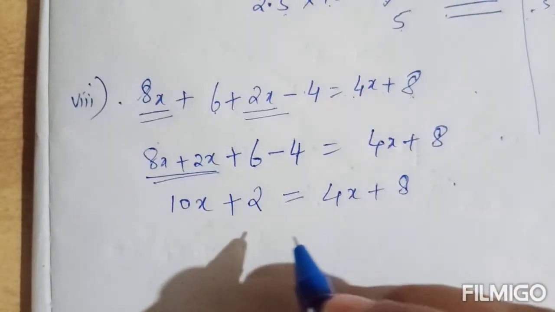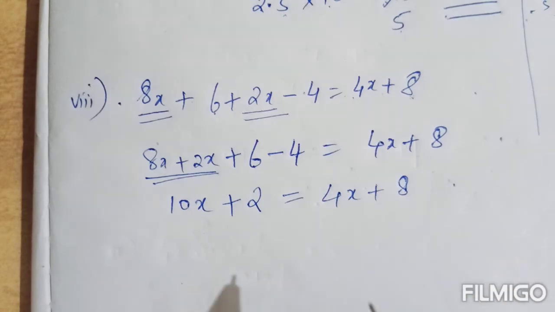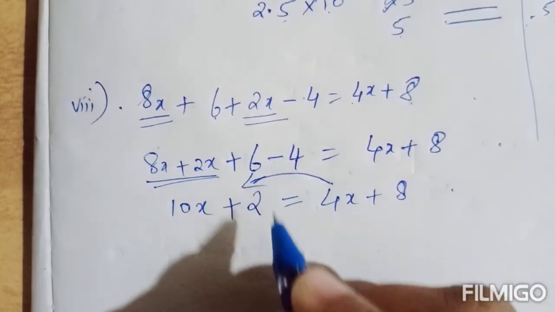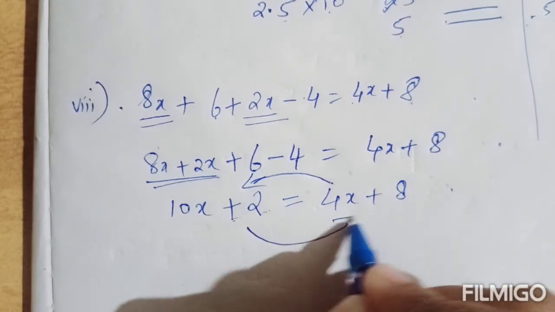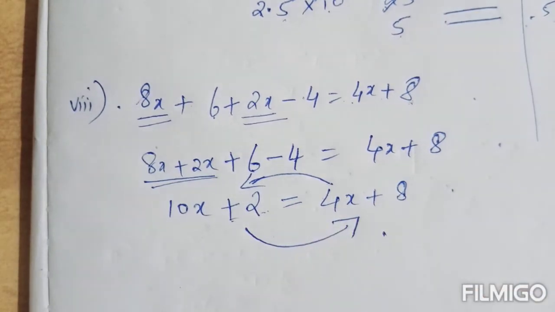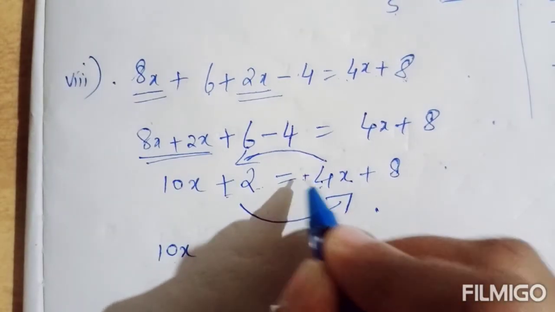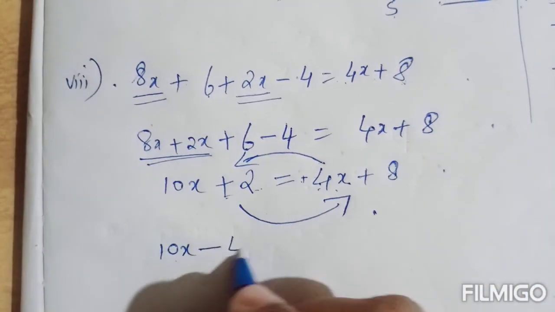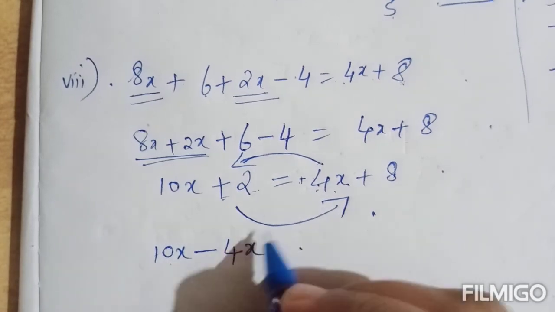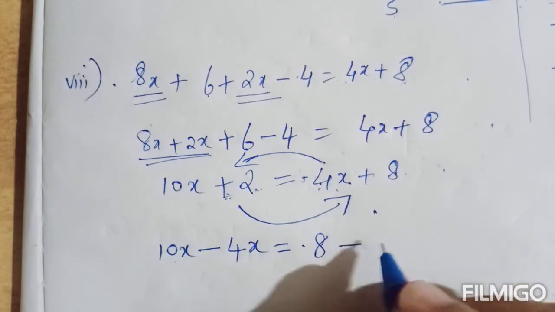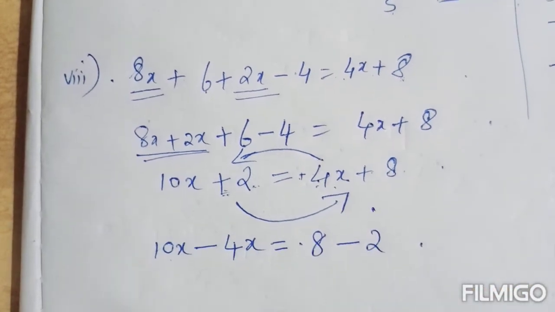Now let us group together like terms on one side. So this 4x we are taking to this side, plus 2 we are taking to the other side. Okay, 10x, 4x, that is plus 4x on taking to this side, it will be minus 4x, equal to 8, plus 2 on taking to other side, it will be minus 2.